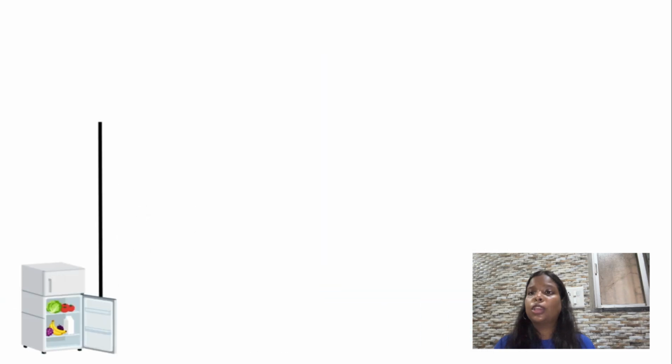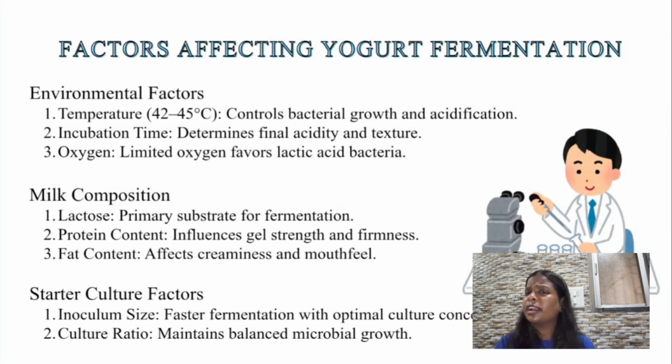Factors affecting yogurt fermentation. Several factors influence the efficiency of yogurt fermentation. Temperature is one of the most critical parameters because it directly affects bacterial growth and acid production. Incubation time determines the final acidity and texture, while limited oxygen conditions favor the growth of lactic acid bacteria. The composition of milk also plays an important role.